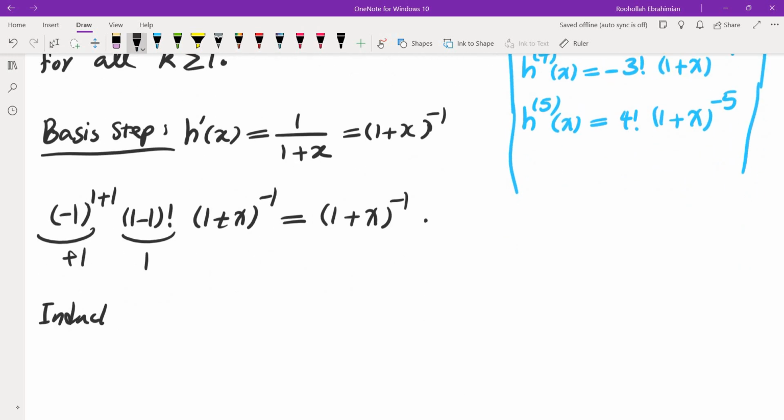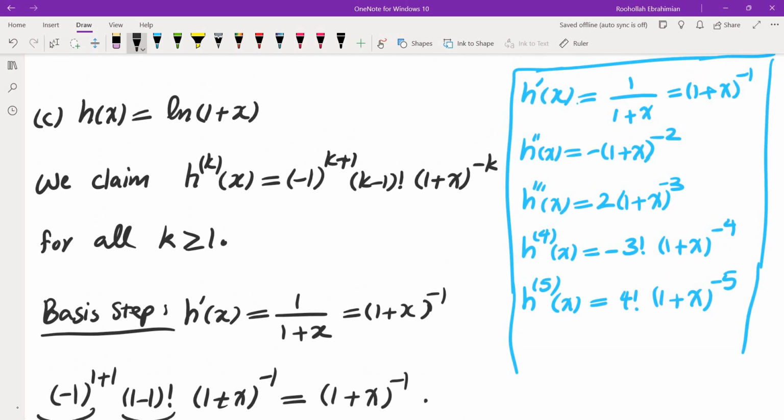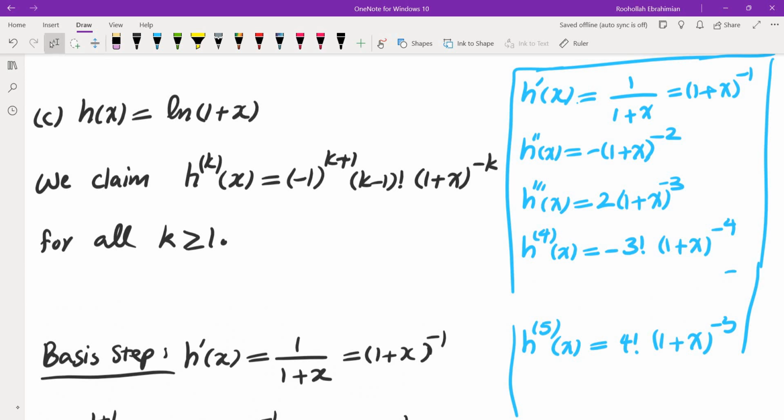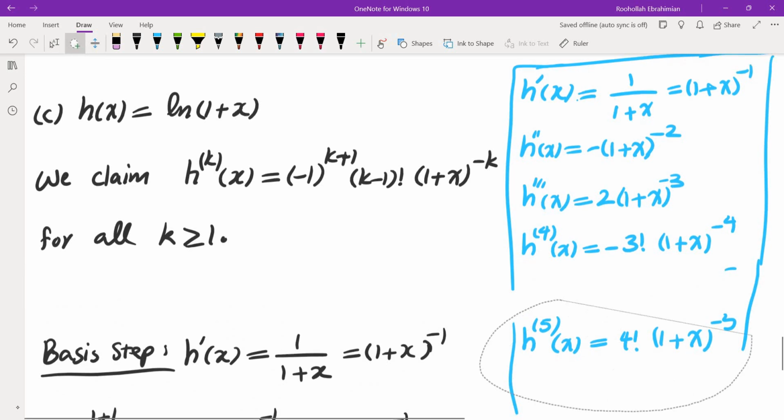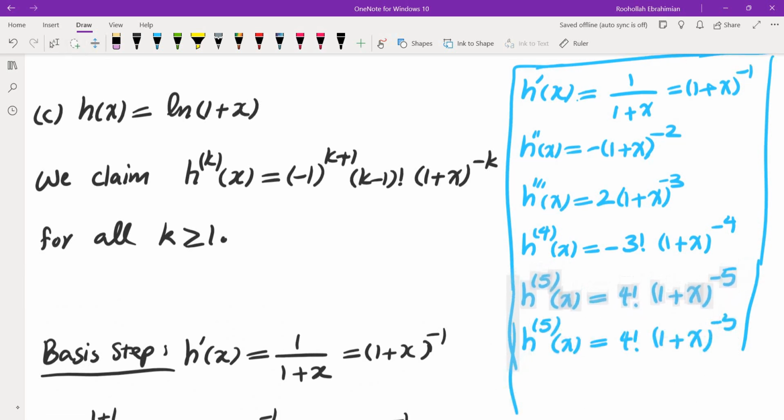Now inductive step. Did I mention what method I'm using? I didn't. So I'm going to actually mention, because I would like to always mention what method I'm using anytime I'm using a method to make it clear.